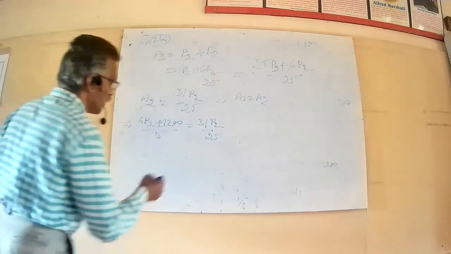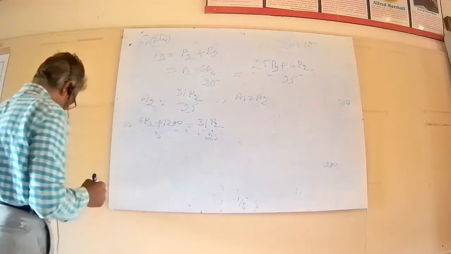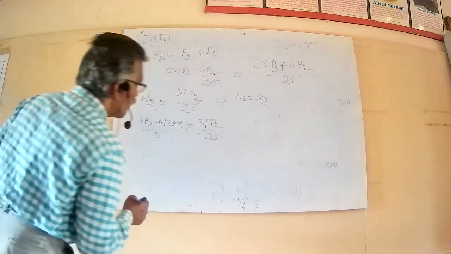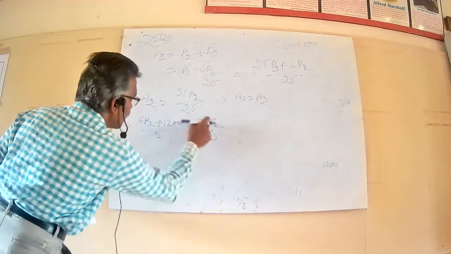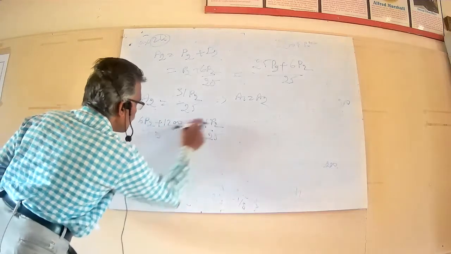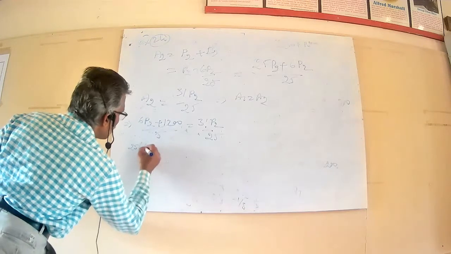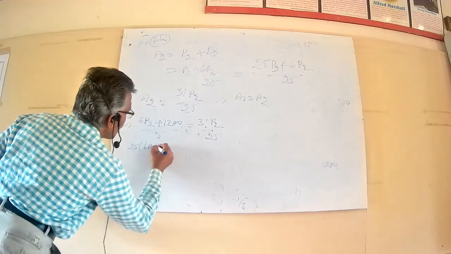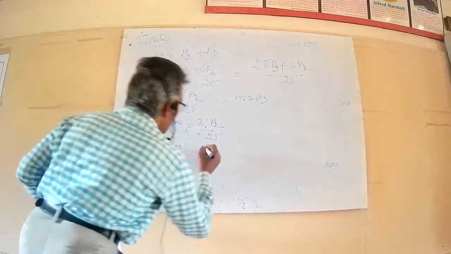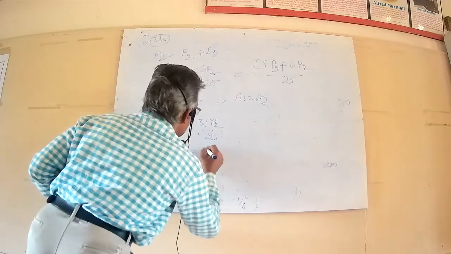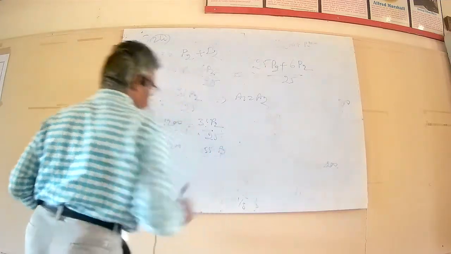Cross multiplication, this into this and this into this. So 25 into 6P2 plus 1200 equal to 5 into 31, which is 155 P2.